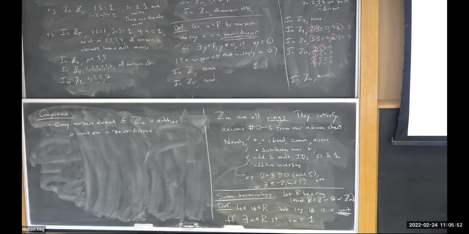Can you identify which ones are the units and which ones are the zero divisors? You're nodding. Oh, you're just nodding to be agreeable. Anyone besides Audie see it? I know Audie sees it. Steve, you see it?